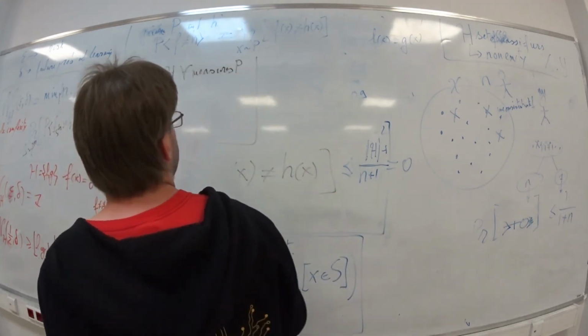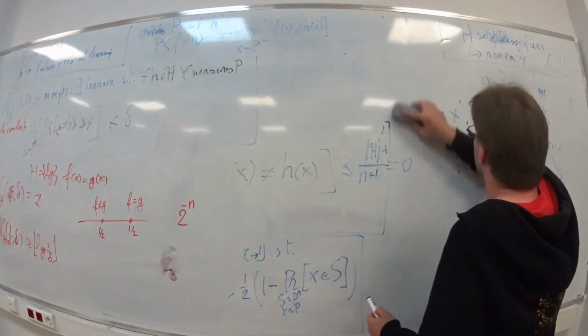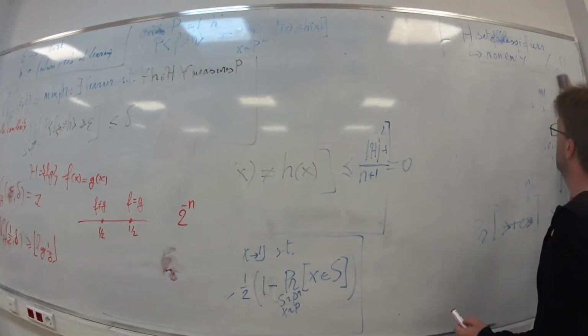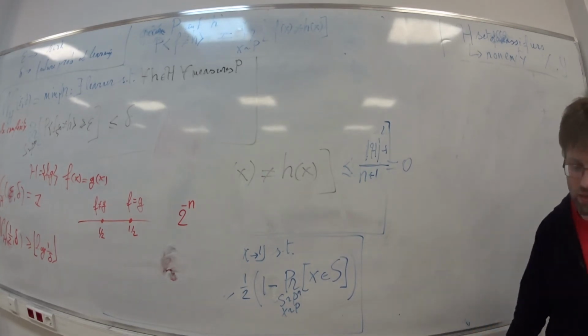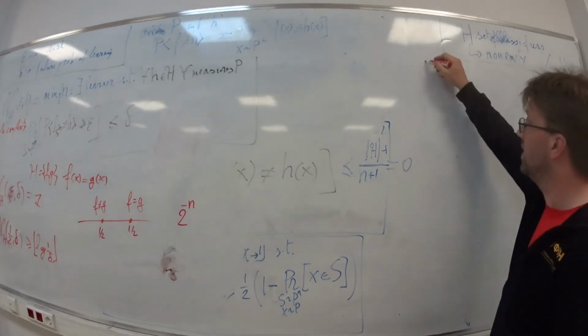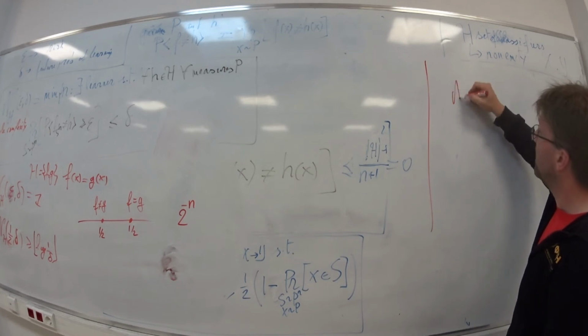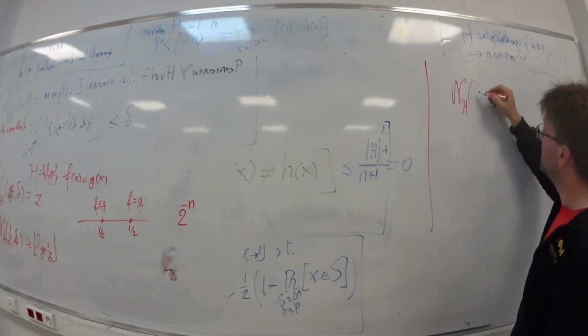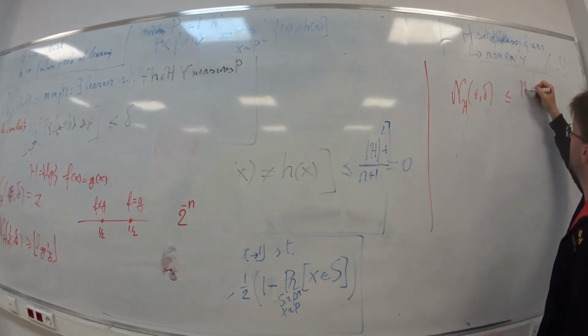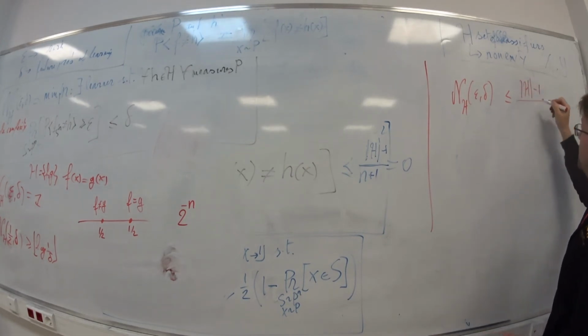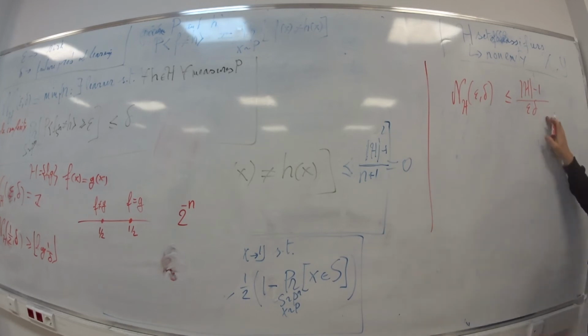Let me first say the claim, and I will skip the proof because I need to speak about threshold functions, and then the lecture is finished. So if h is finite, then the sample complexity of epsilon and delta is bounded by the size of h minus 1 divided by epsilon and delta. And this follows from the Markov bound.